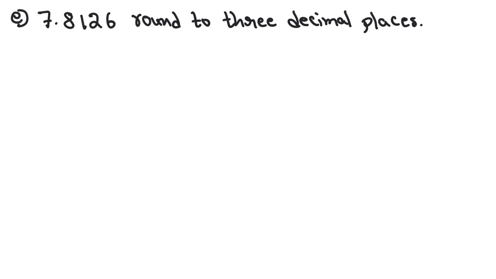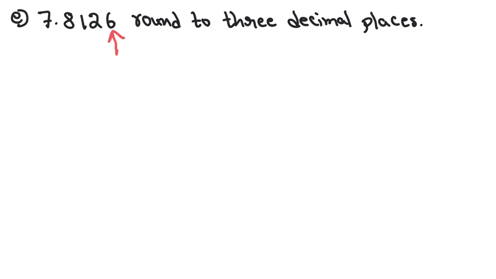7.8126, round to 3 decimal places. So we have to round to 3 decimal places. This is the first decimal place, second decimal place, third decimal place. We are supposed to stop here. Because we have to round to 3 decimal places, look at the fourth decimal place.